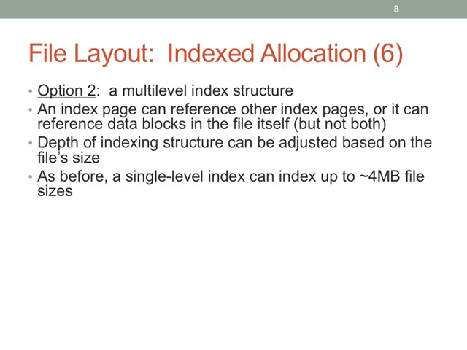Okay, so we say that a single level index can index up to a 4 megabyte file. So again, we're assuming 4 kilobyte blocks, 32-bit entries, and so on. Some of you may have encountered this, though it's unlikely, but on 32-bit Linux, it was common for 4 gigs to be a file size limit.